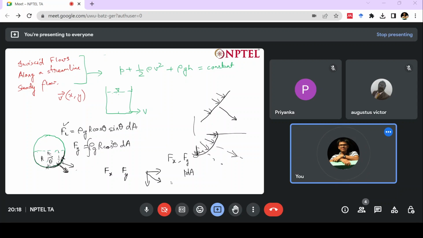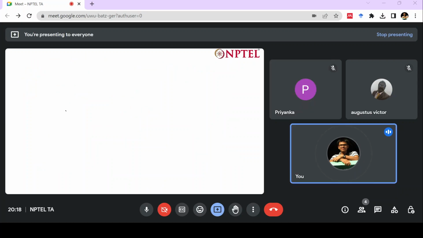Correct. And if you have a hinge, are you following me till now? Yes, sir, I'm following. So if you have a hinge at an arbitrary angle, and you found out your resultant force at this particular point, let me make it a little more generic.